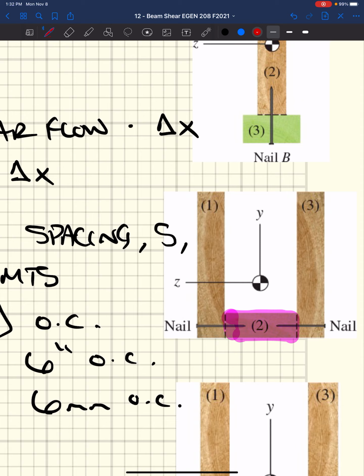We're not going to be looking at the entire thing. We just want to look at what's the area that needs to be transferred across these planes. So the Q would be Y to this purple box, and the area of that purple box, and not the entire thing. Okay.